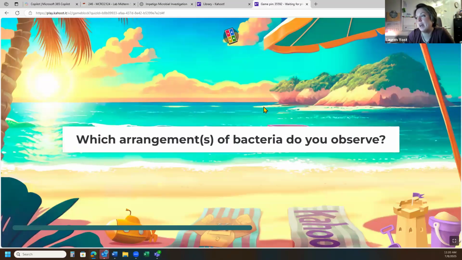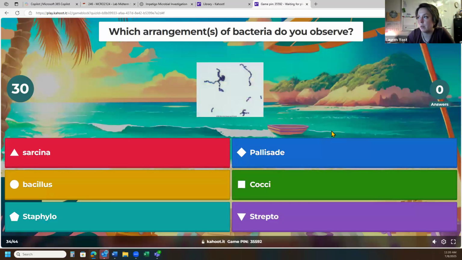Which arrangement or arrangements of bacteria do you observe in this image? Be careful and focus on what the question's asking. Arrangements, groupings.